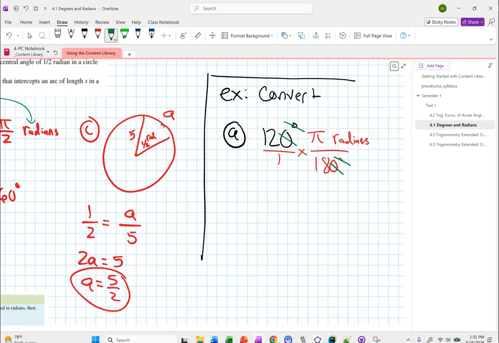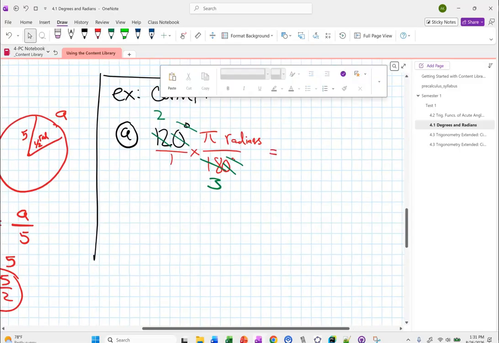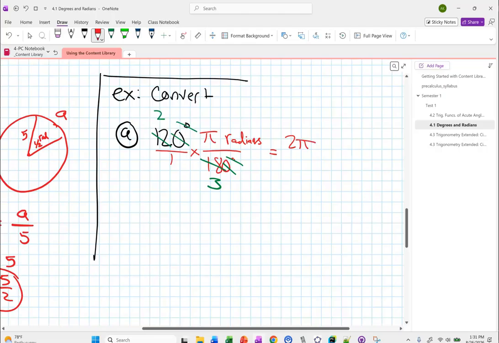Do we see any other factor in common between 12 and 18? 6. Great. 12 divided by 6 is 2. 18 divided by 6 is 3. So then if I multiply across, I have 2 times pi on top and 1 times 3 on the bottom. So my answer there would be 2 pi over 3 radians.